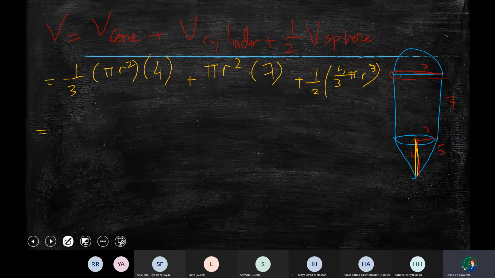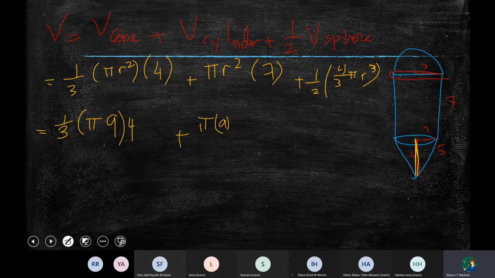So we have a third times pi r squared. What is the radius? It is 9 times 4, plus pi times 9 times 7, plus half times 4 over 3 pi times 3 cubed, or 27.